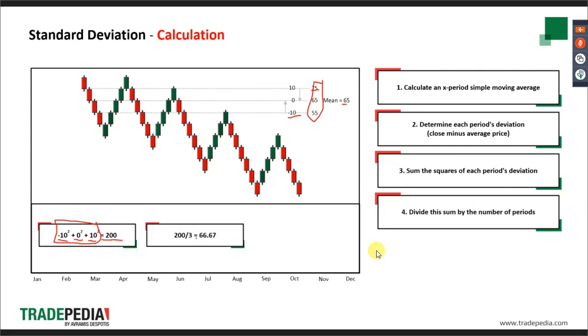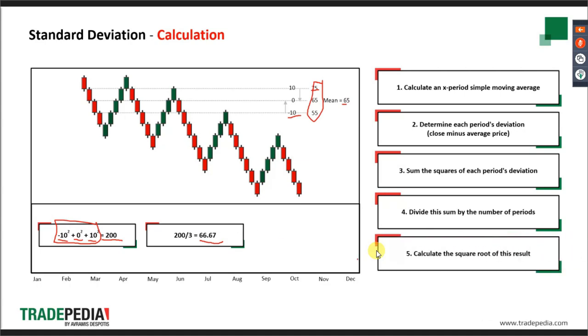We get 66.666666, and then just round it off to 67. Finally, we will calculate the square root of this 66.67, and we get 8.16 as the standard deviation.